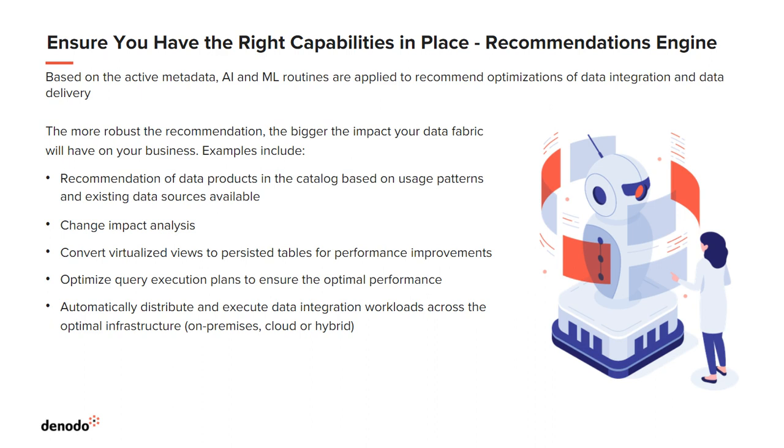Should I cache certain data for frequently queried items that will allow you to be more effective in executing them? The recommendations engine can make recommendations for those users when they come to the data catalog. So when you're looking at how to build out your data fabric, a key part is those recommendations, because that's where you're going to get that value.